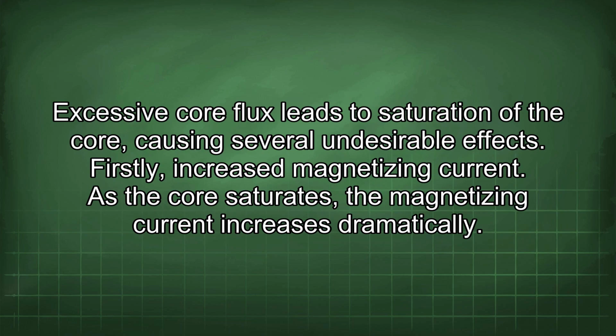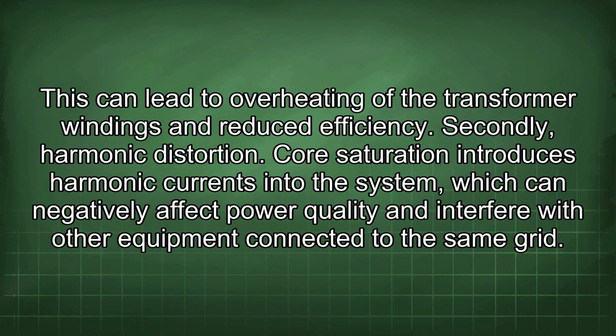Excessive core flux leads to saturation of the core, causing several undesirable effects. Firstly, increased magnetizing current. As the core saturates, the magnetizing current increases dramatically. This can lead to overheating of the transformer windings and reduced efficiency. Secondly, harmonic distortion.